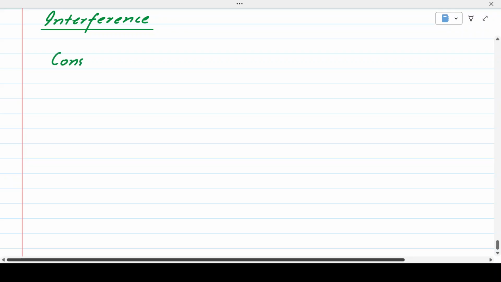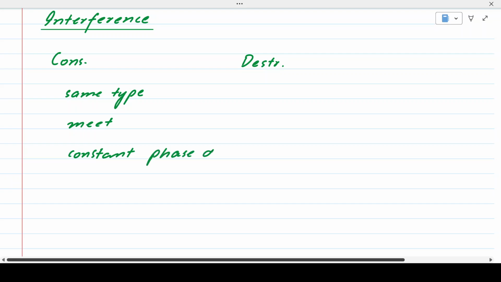So for interference, the waves of the same type, or you can say nature, meet at a point, have a constant phase difference, and indeed they must have the same frequency.